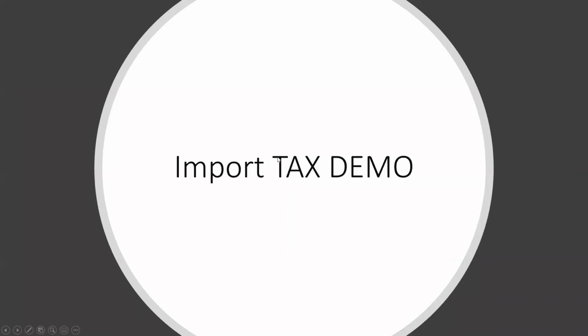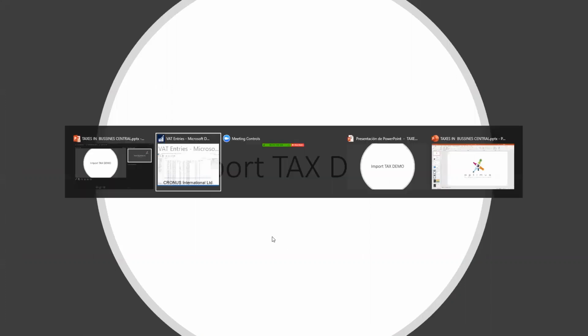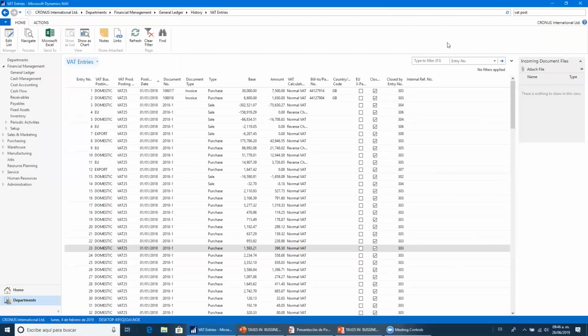So the import tax is calculated without the help of NAB. Let me just show you a little bit of that. It's very easy. Let me generate another purchase invoice.